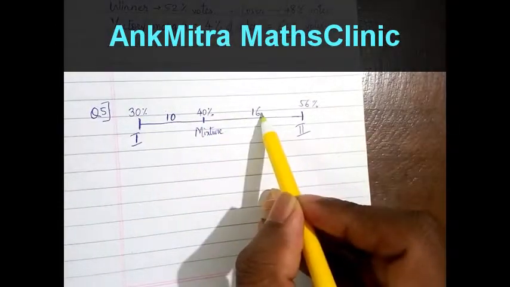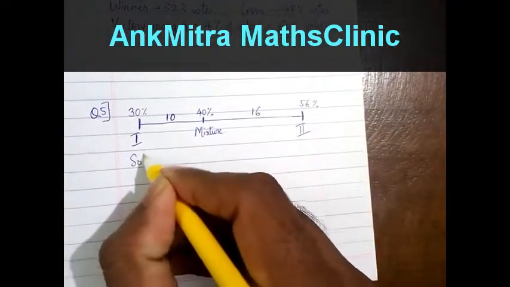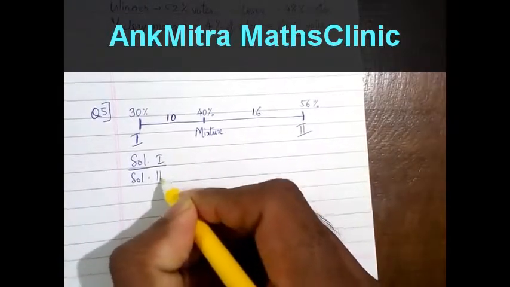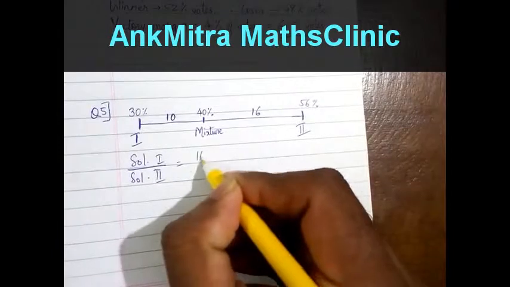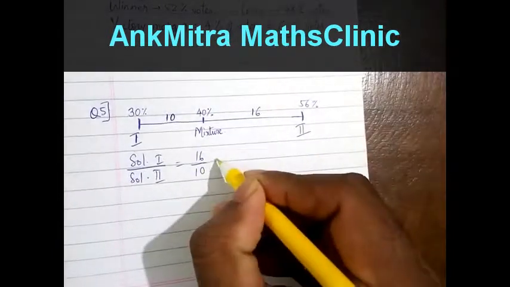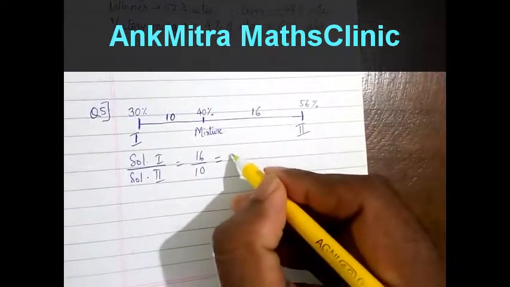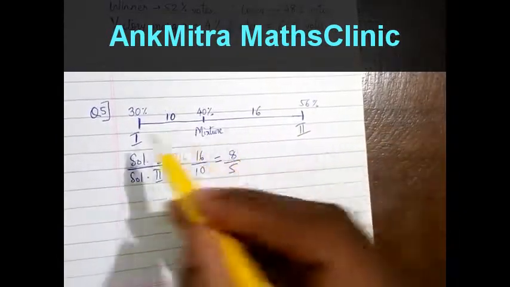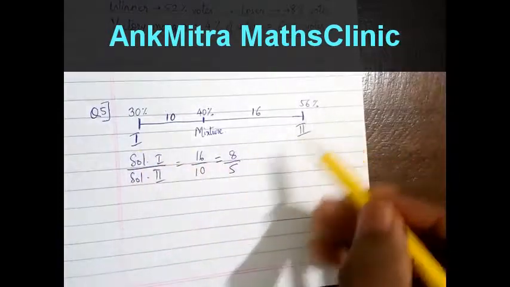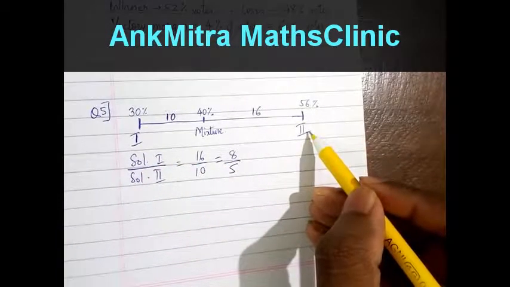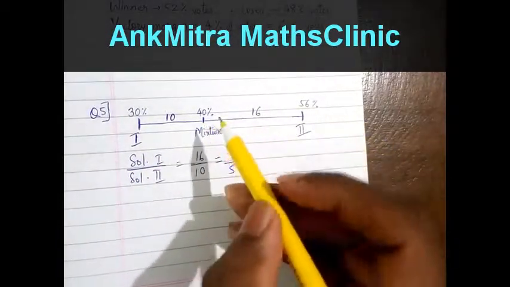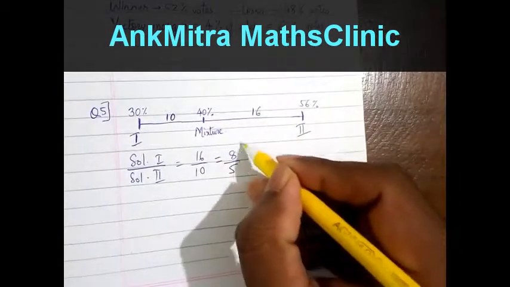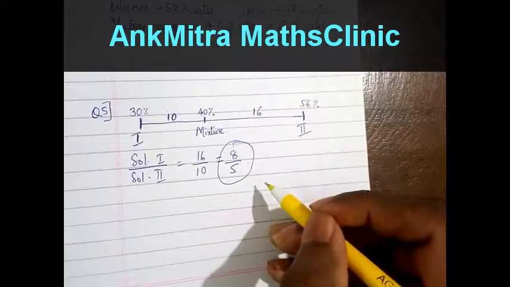So solution 1 upon solution 2 will be 16 upon 10, which when reduced comes to 8 upon 5. So 8 units of solution 1 mixed with 5 units of solution 2 will give us a mixture which has 40% concentration. So that will be our required answer.